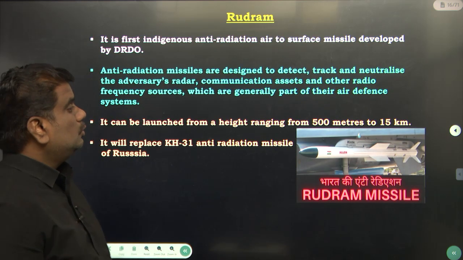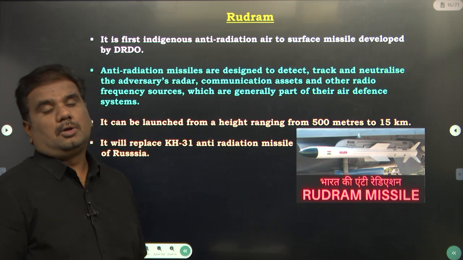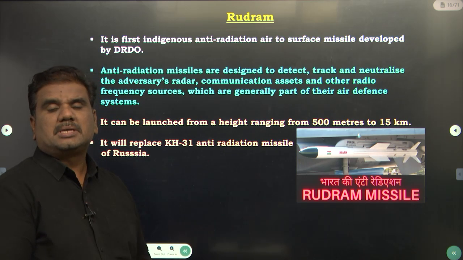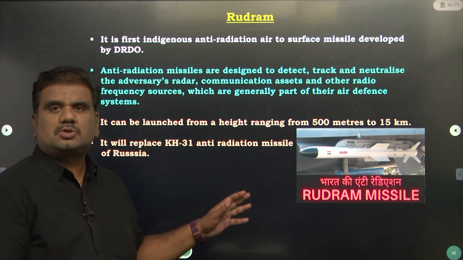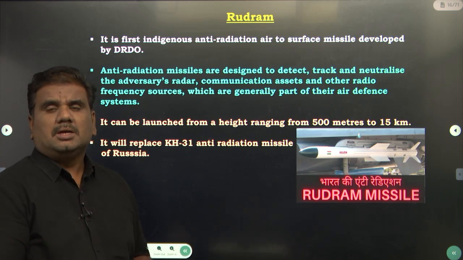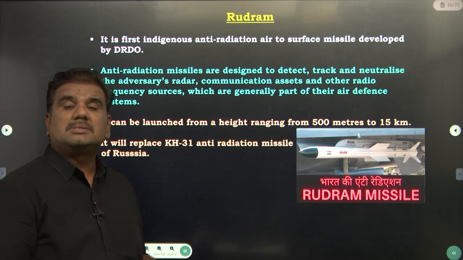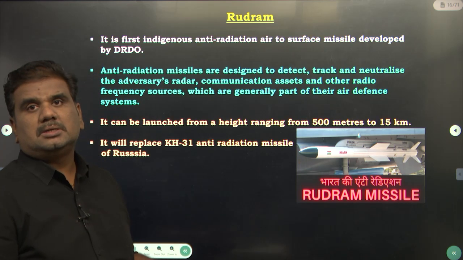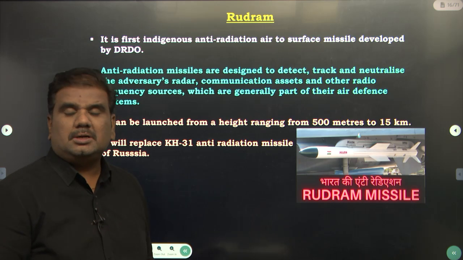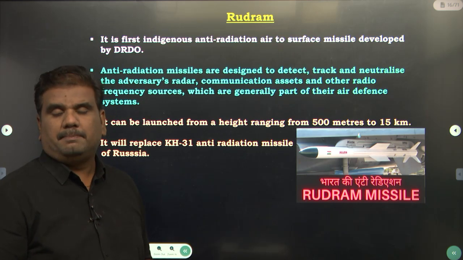Then moving on to the next missile here, Rudram missile. Now, this particular missile was in the news a few days back, you can see. In the last week of May, this particular missile was tested. Rudram 2 was tested. Now, what is this particular Rudram basically?